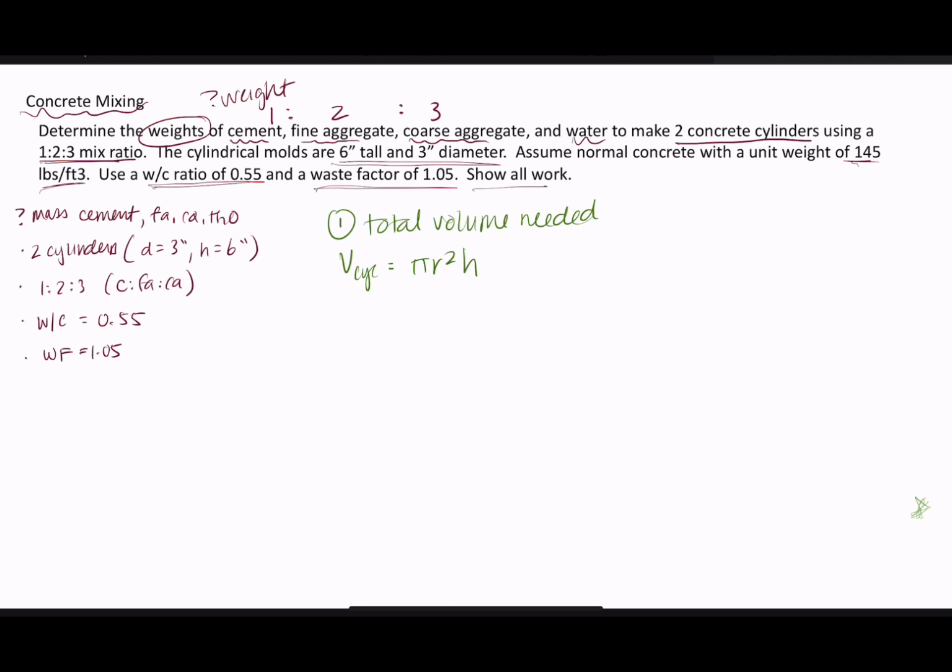So this is going to equal pi times 1.5 inches squared times 6 inches, and I'm going to multiply the whole thing by 2 because I have two cylinders. This gives me a total volume of 84.82 inches cubed. Because I took inches times inches times inches one more time, that gives me inches cubed. That is the total volume that I need to consider.